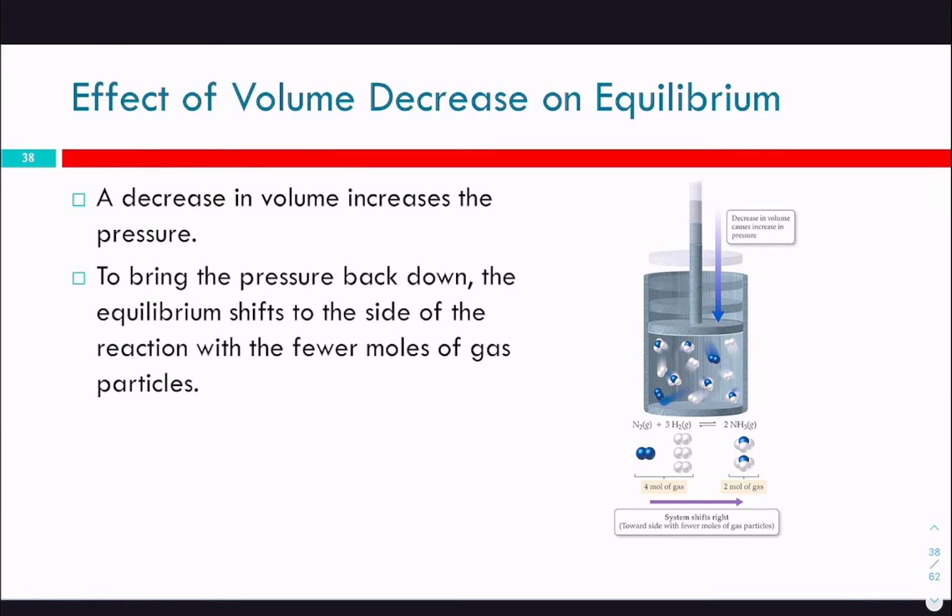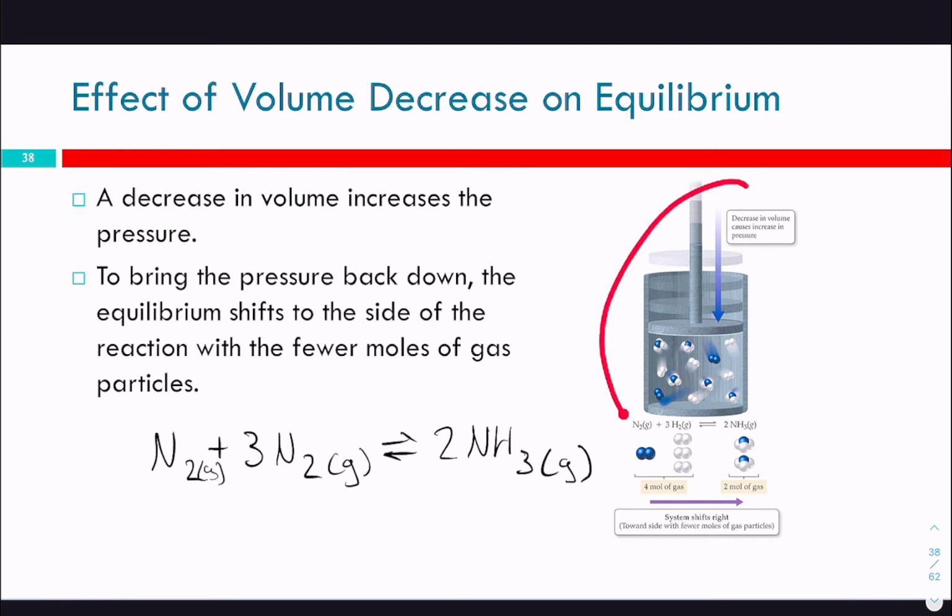So I'm going to write this larger. This is the reaction we're looking at here. These are all gases. If we decrease the volume of this cylinder, that's increasing the pressure.